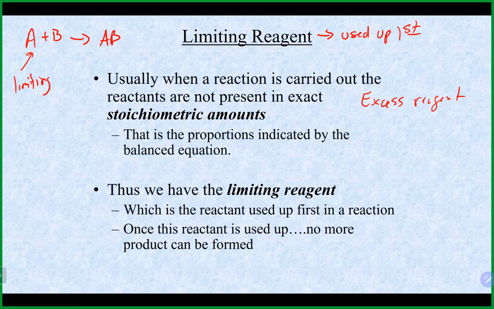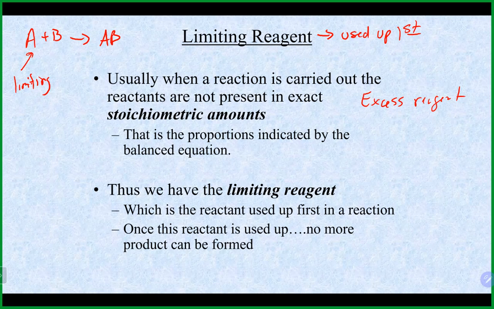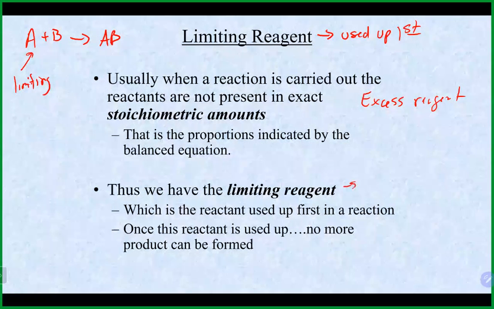There would be no way, right? Because you need an A and a B to make our product. That's why limiting reagents are really important. Limiting reagents are always the ones that determine how much product you can produce. So whenever you're trying to calculate how much product you should produce in a reaction, which is the theoretical yield, you should always do it based on the limiting reagent, because it determines how much product you produce.